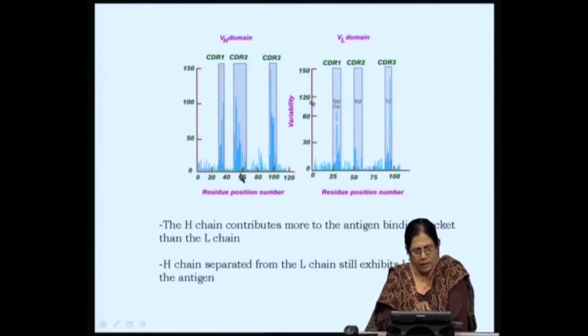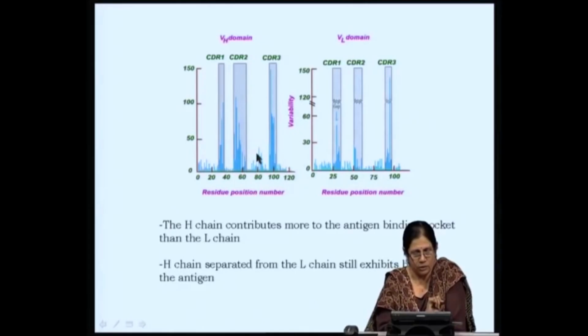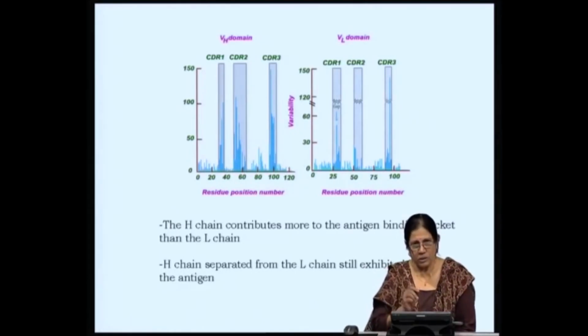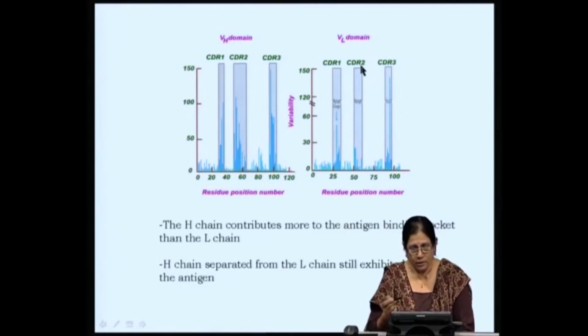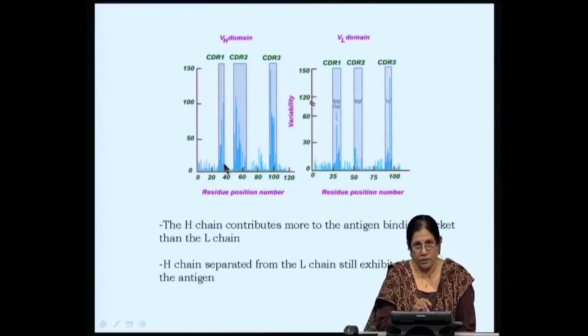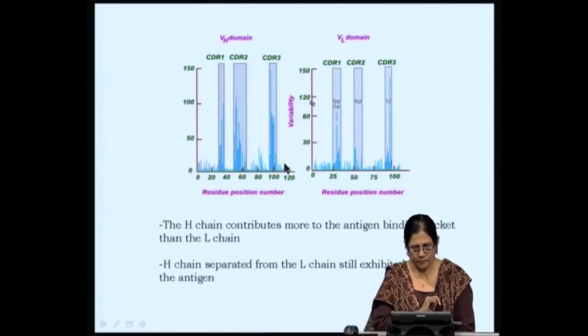Flanking these are the framework regions, which remain more or less constant. Today it is possible to design primers corresponding to the framework region and amplify the hypervariable domain, because one cannot design primers to get only the hypervariable domains.